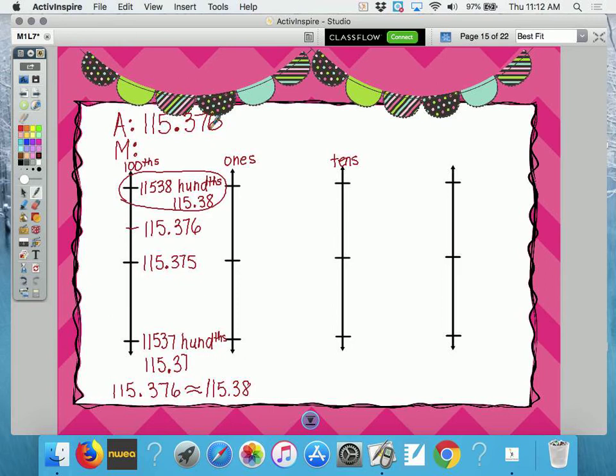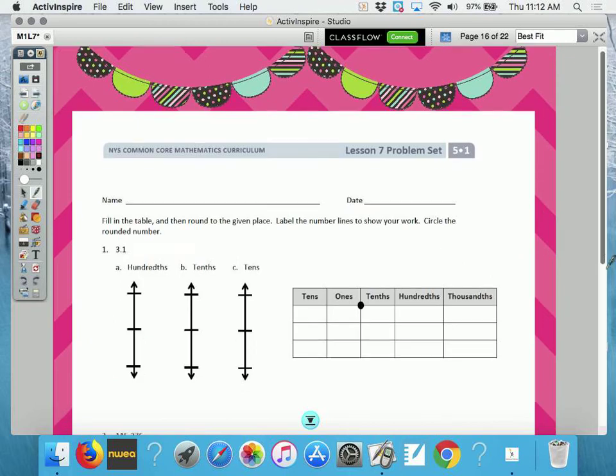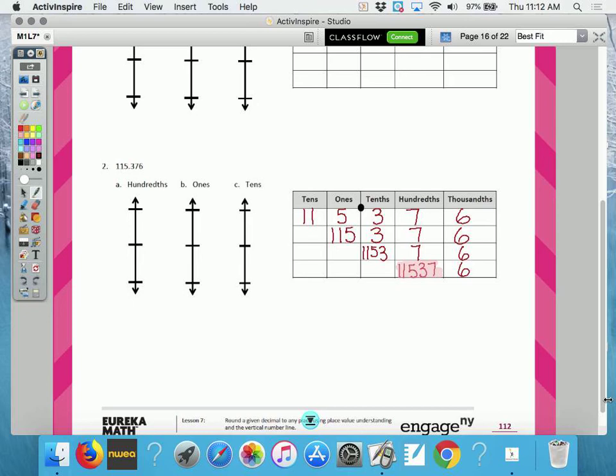Yeah. Okay, so let's take a look at the place value chart again. So if I'm rounding to the ones place, what should I highlight? 115. It's going to be 115 ones.